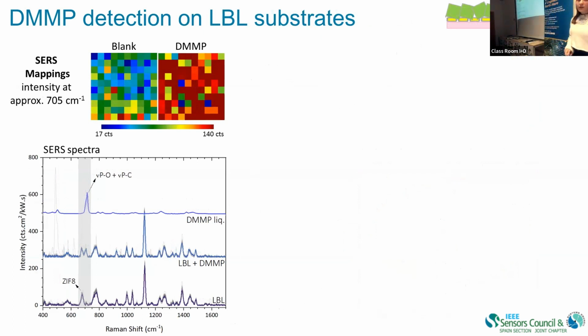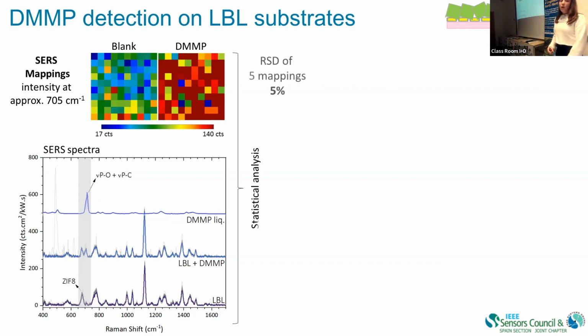And as you can see, taking the max intensity of the DMMP peak, the distribution throughout the whole substrate is much better. And in comparison to other mappings, with the same type of statistical analysis, we could see only a relative standard deviation of 5%. That is, the distribution of the signal is very homogeneous in one mapping and when comparing different mappings.